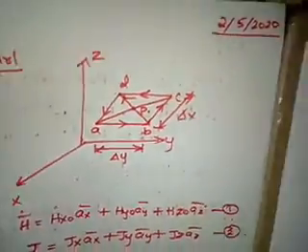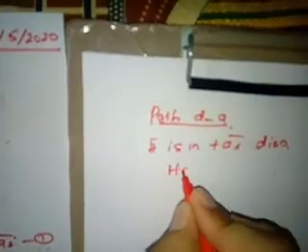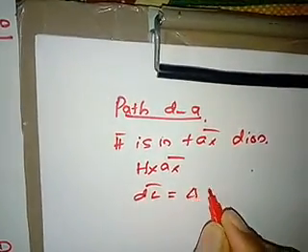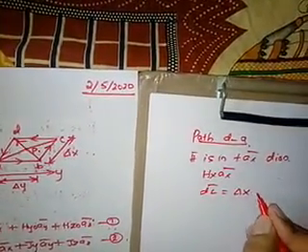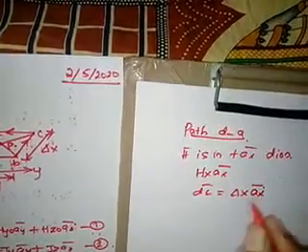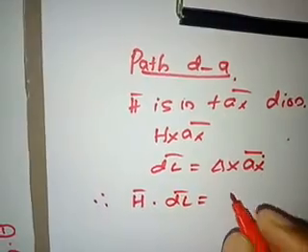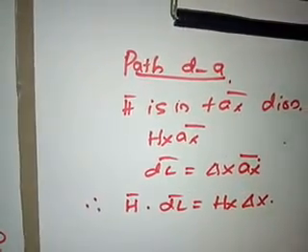So h bar is in plus ax bar direction. Hence we have hx ax bar, and dl bar will be equal to delta x, that is differential length delta x into its unit vector ax bar. Therefore h bar dot dl bar will be equal to hx delta x. Take it as 9.